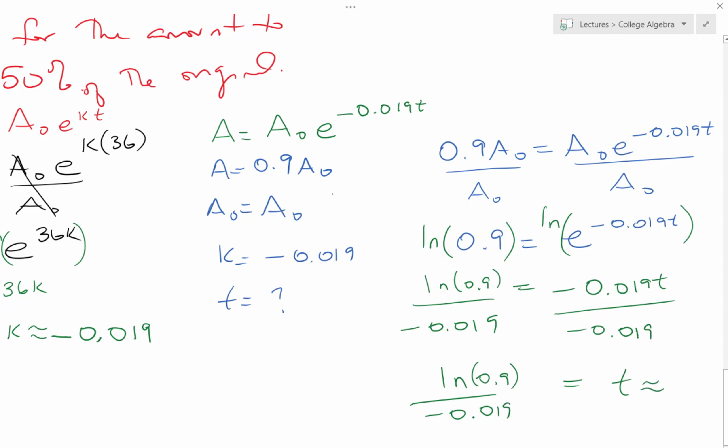And this decimal approximation is approximately 5.545. Keep in mind this problem is in hours. So this says after approximately 5.5 hours, we would have 90% of the Xanax left in our system.